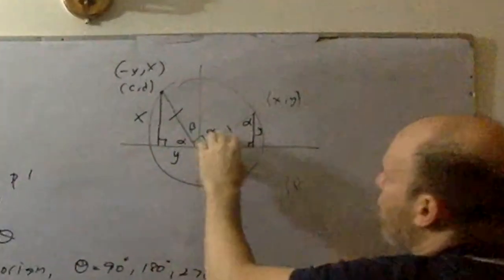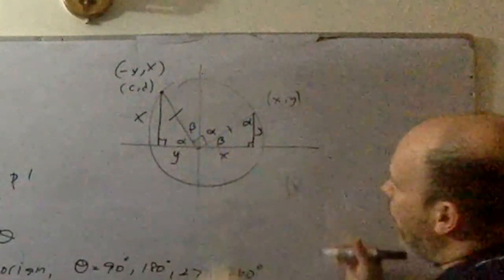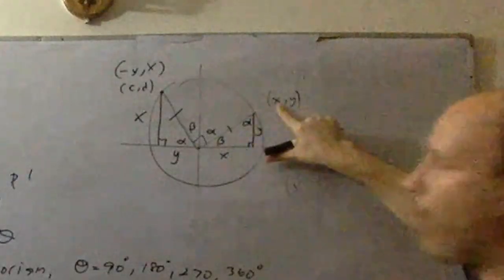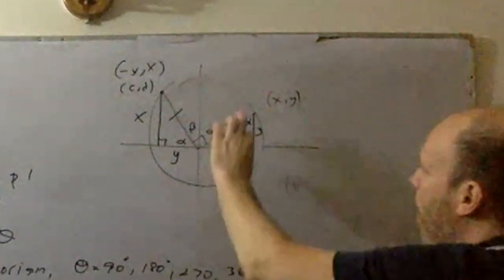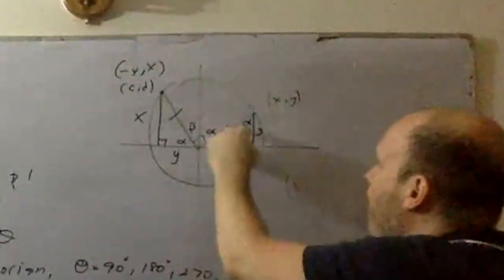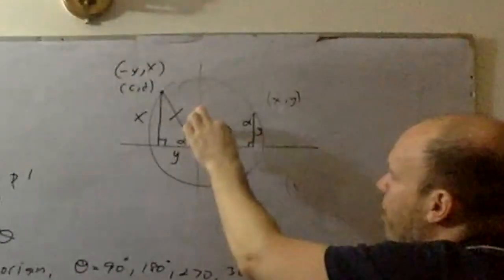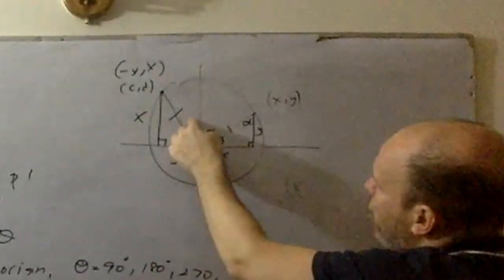Once again, I took my point and rotated it 90 degrees. I dropped my triangle and got my triangle here. This was the coordinate (x, y). The base was x, the height was y. I put in dummy variables, alpha and beta, because this is the first quadrant. This was a 90-degree rotation, so this angle here is beta.